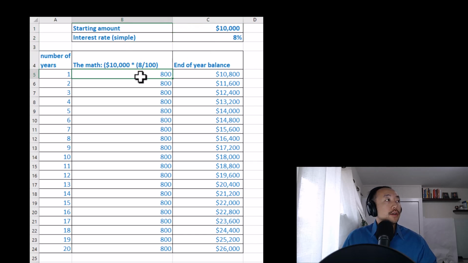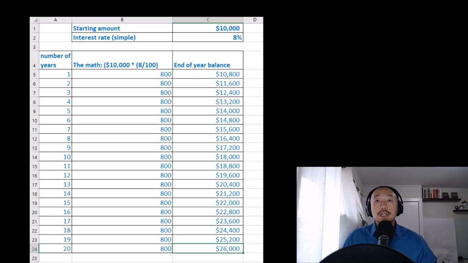As you can see in the middle column, you'll be earning 8% of $10,000, which is $800 every year. At the end of the year, the $800 in interest will be added to the previous year balance, totaling $26,000 in 20 years. This is what it looked like if your money was growing in a simple interest environment.